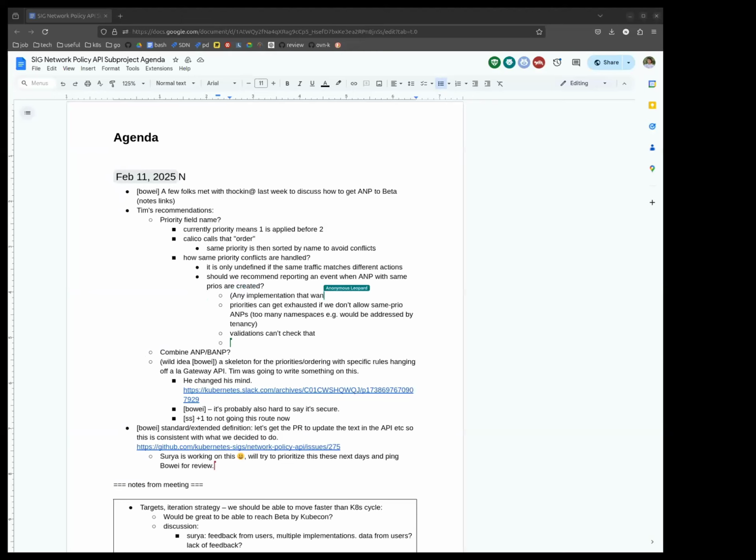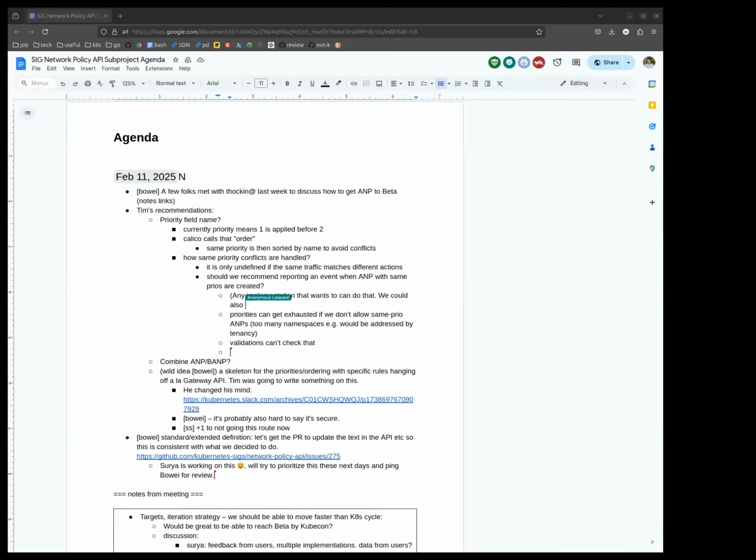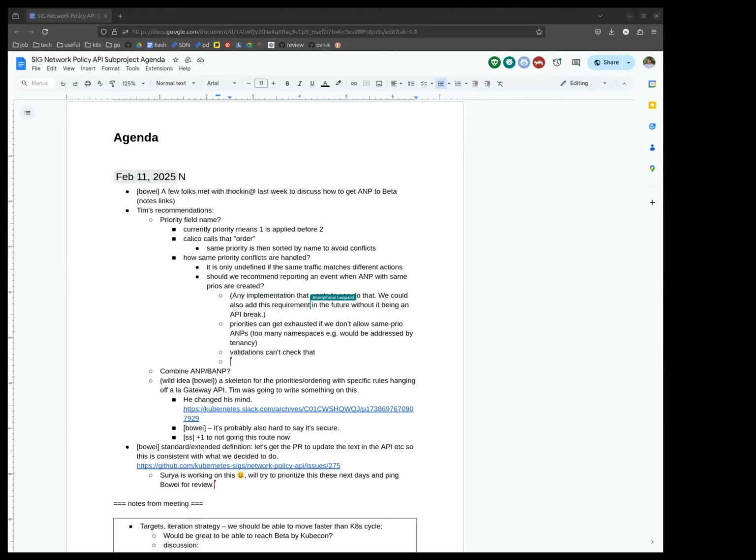And that's what Calico recommends to the folks who use Calico policy as well. But we wanted to allow the freedom for the different data planes to resolve that conflict each in a sensible way. I think the natural way for Calico to resolve it is to strictly order all the policies by name. That is just what we do if they're all at the same priority, and then we'll apply the rules in order.